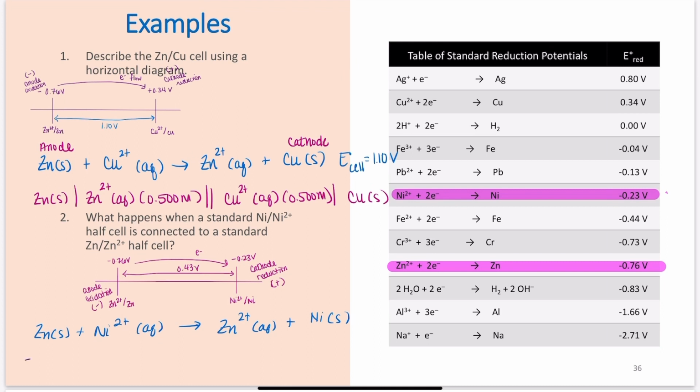And my shorthand would be zinc solid, phase boundary, zinc 2 plus aqueous, my electrolyte of my anode. Let's just make it 0.25 molar this time. Why not? Let's change it up. Salt bridge, nickel 2 plus aqueous. They do not have to be the same concentration, so let's do 0.5 molar here. And nickel solid. So your anode and cathode do not have to have the same concentration either. They can be different phases or different concentrations.